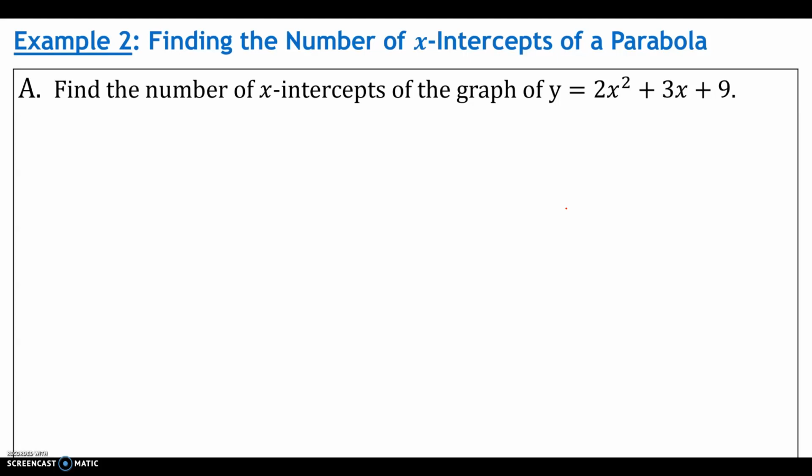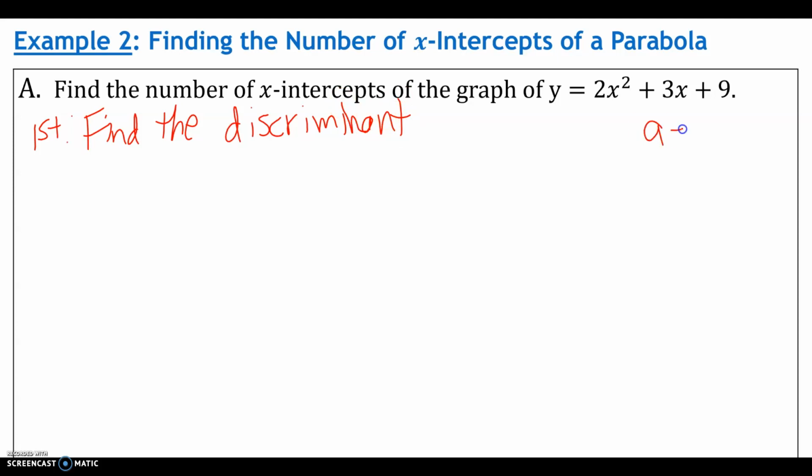So find the number of x-intercepts of this graph. So first step is find the discriminant. Okay, so we got A is 2, B is 3, C is 9.